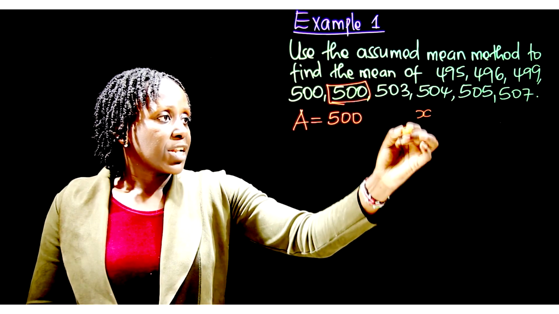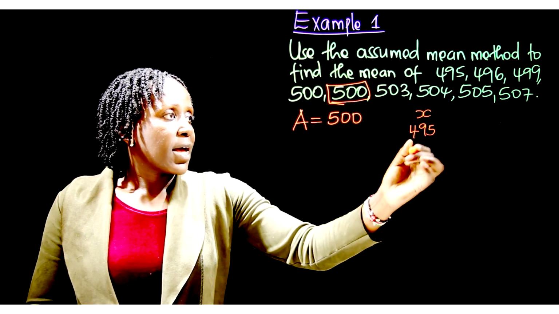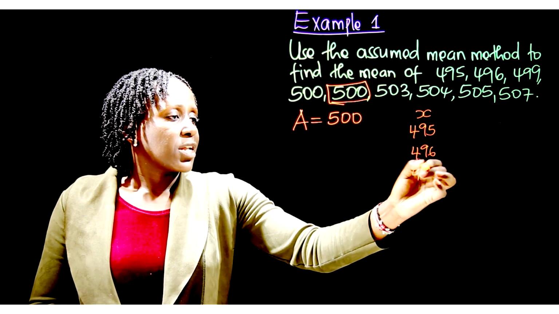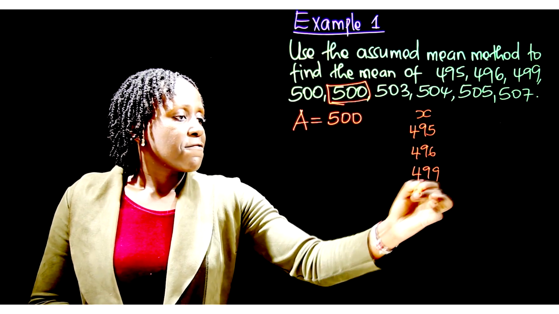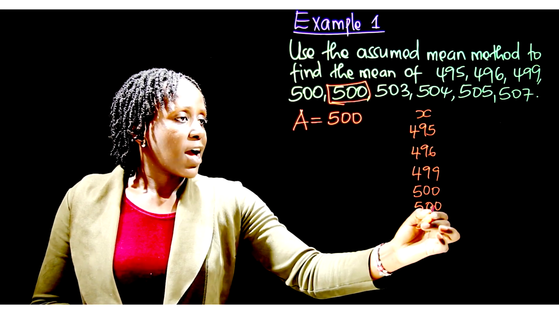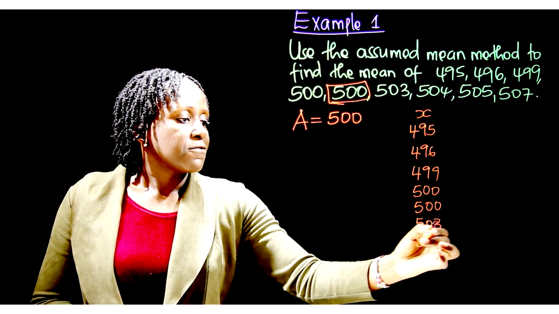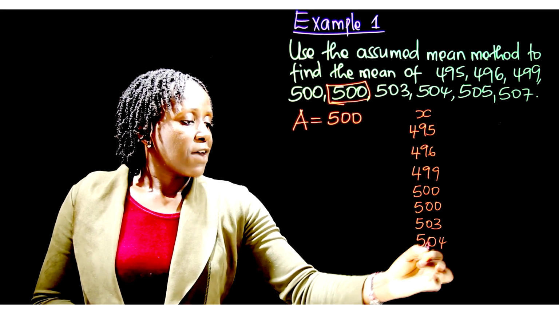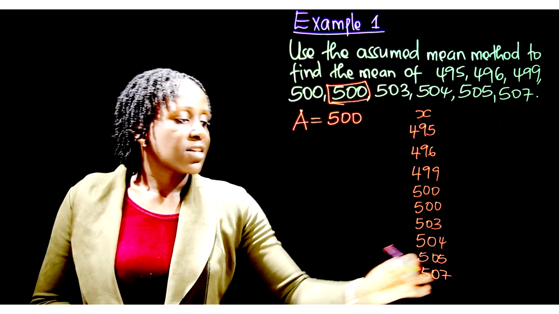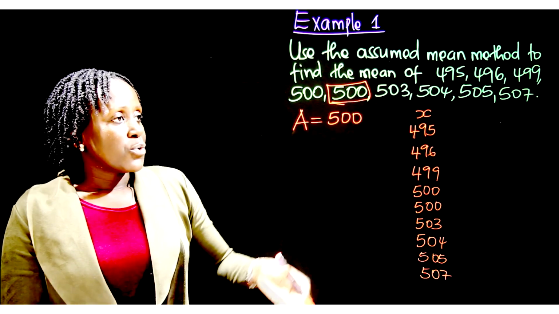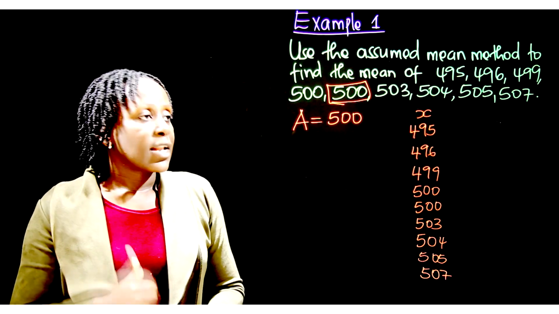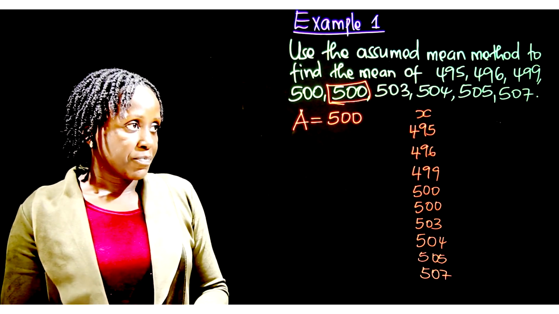So we have 495, followed by 496, then 499, 500 twice, and then 503, 504, 505, and then 507. Once you outline the values provided in the data, we are going to calculate our value of t.